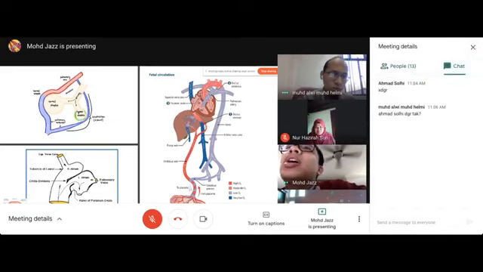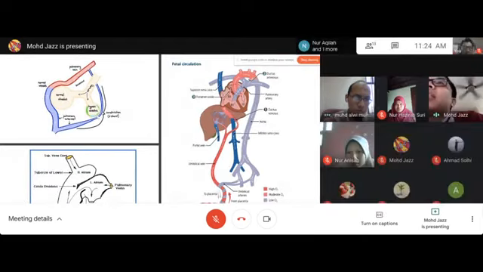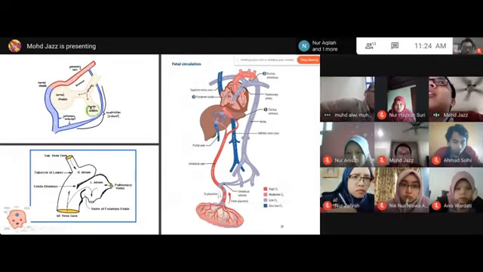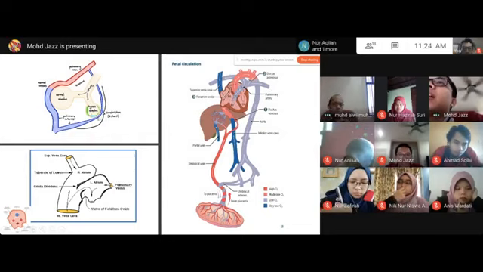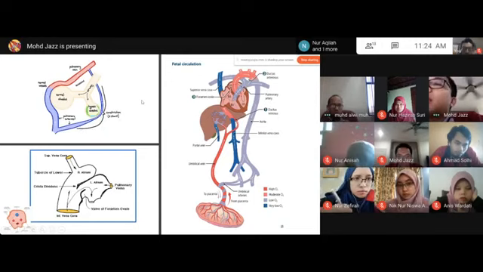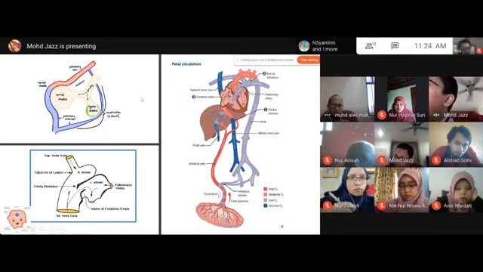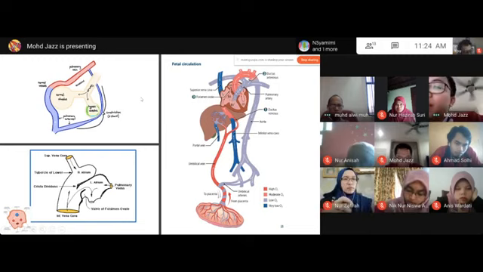When there is a lot of fluid inside the alveolus, there is low oxygen concentration, which results in vasoconstriction. This reflex is called hypoxic pulmonary vasoconstriction. Okay, hypoxic pulmonary vasoconstriction.